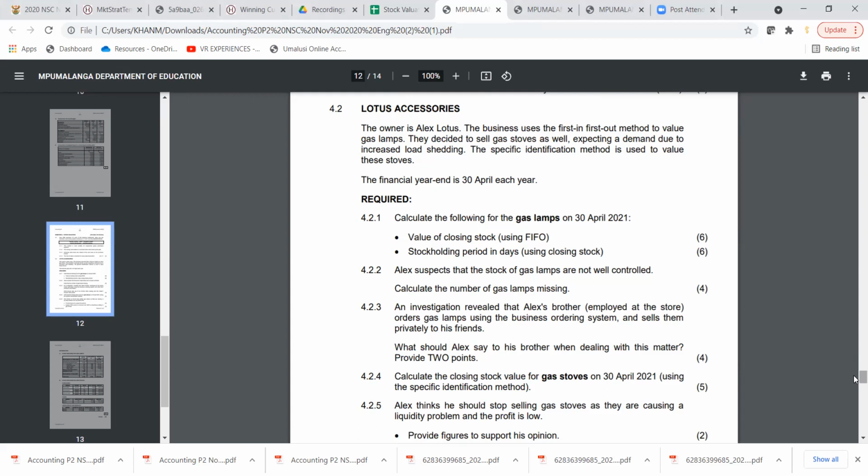Gas lamps are valued using FIFO. Gas stoves are valued using specific identification. Okay, so that's what you get in your head. The picture you want to see in your head, and perhaps draw on a piece of paper, is the business Lotus Accessories.